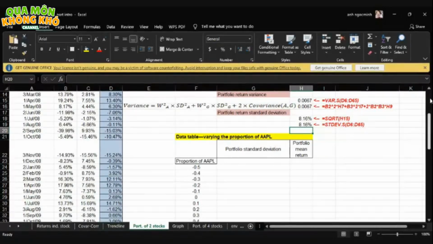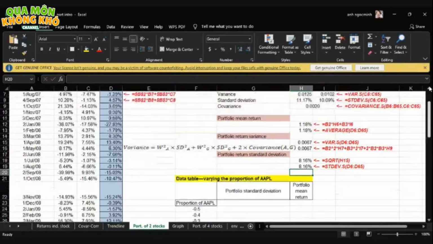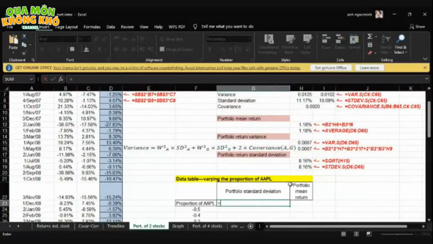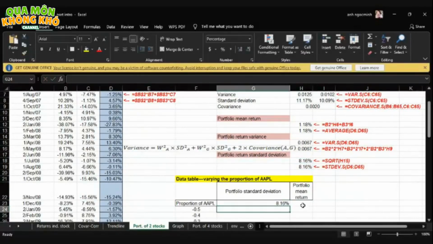Firstly, I will put the portfolio standard deviation here and the portfolio mean return here.